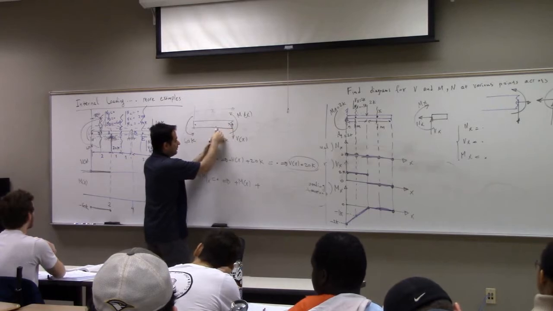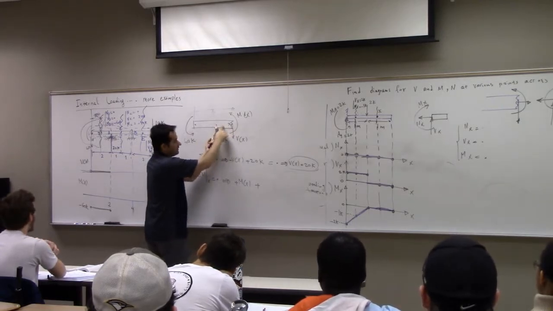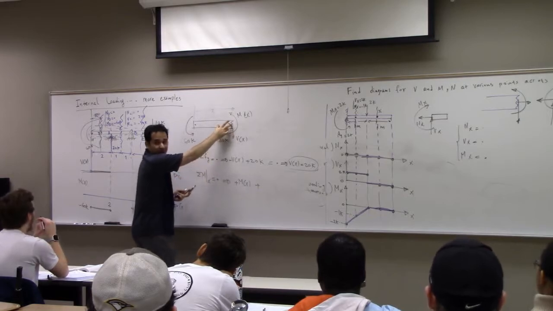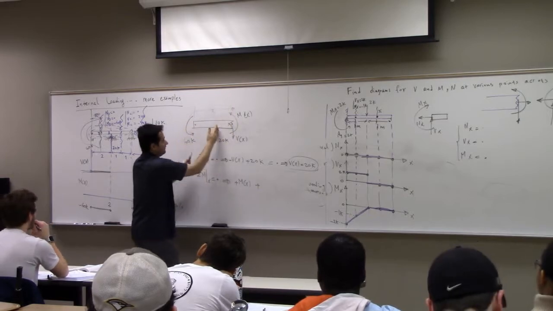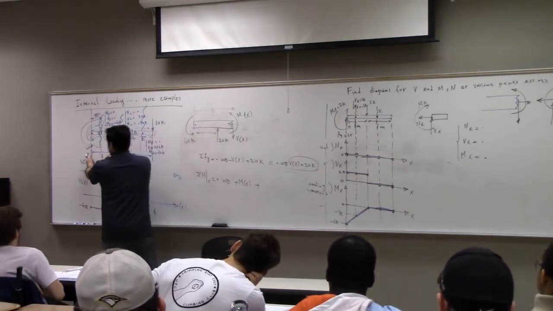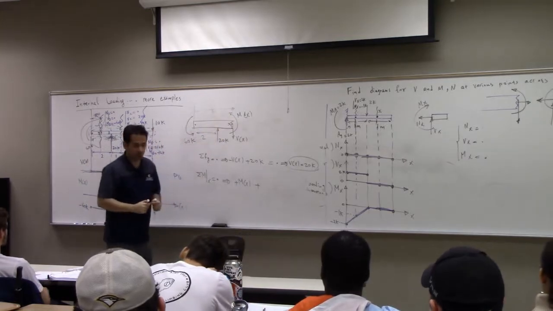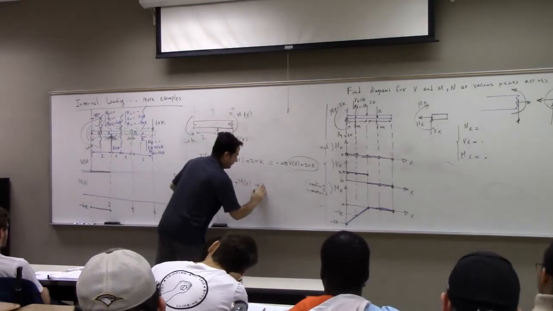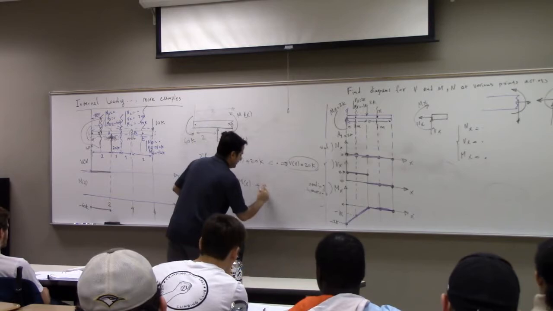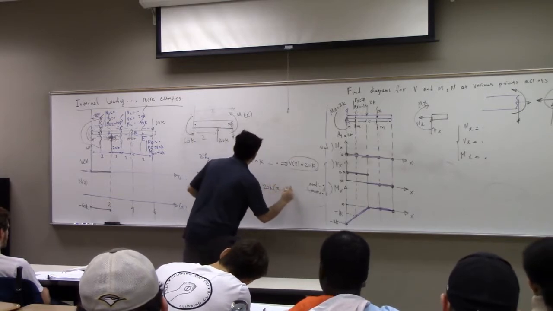If you want to find moment of this force with respect to x, you multiply 20k by this distance. What is this distance? It is x minus from here to here. What is from here to here? 2, right? So from here to here is x minus 2. So you say 20k times x minus 2.